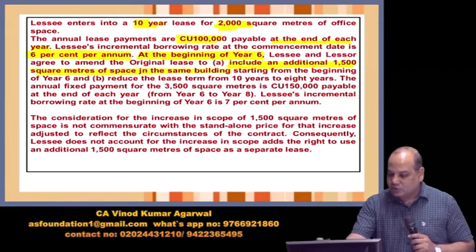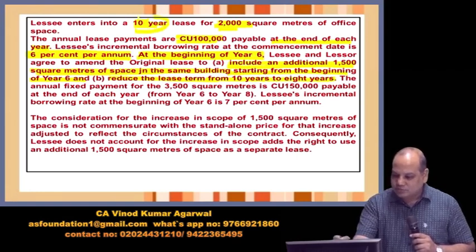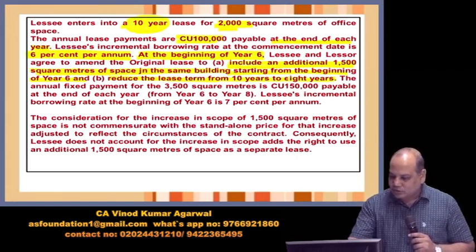Earlier it was 2000, now additional 1500 starting from the beginning of year 6. And second, reduce the lease term from 10 years to 8 years. Now it was 10. In future it will be 8 years only. But the area occupied will become 3500 square meter now.